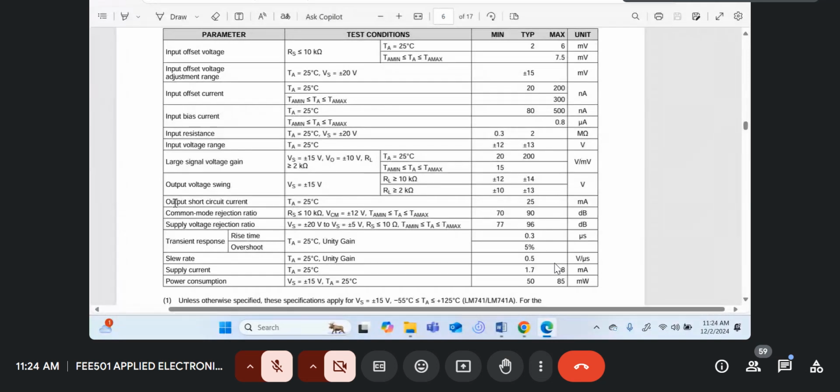It's over here. Output short circuit current at 25 degrees centigrade is 25 milliamps. The one we computed from theory, we got 24 milliamps. So it means this op-amp cannot give you more than 24 milliamps at its output. Okay, so let's go back to class.